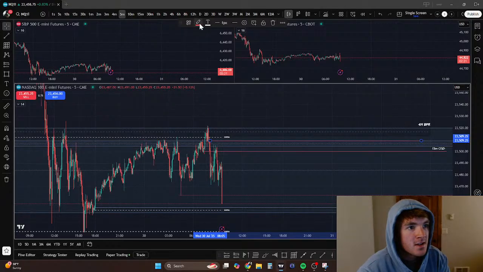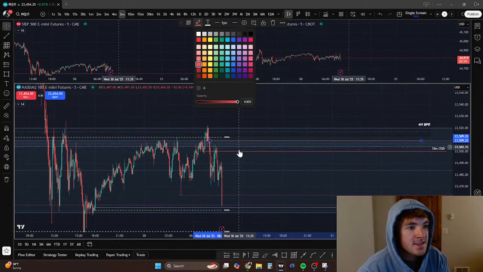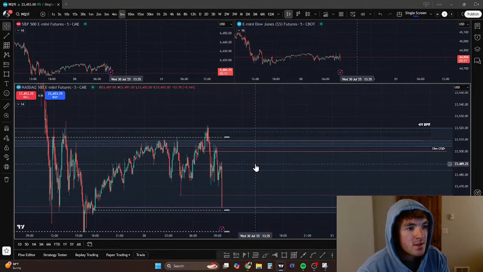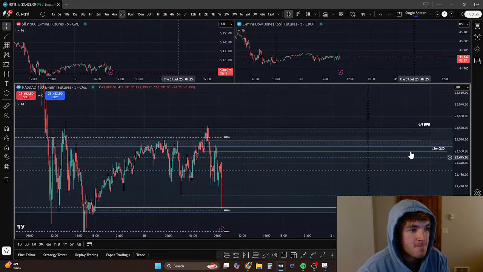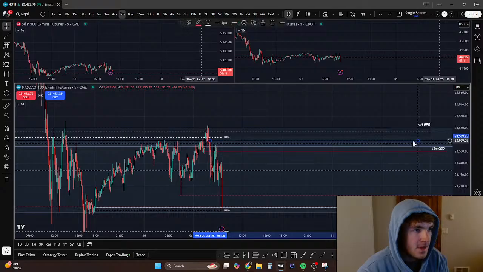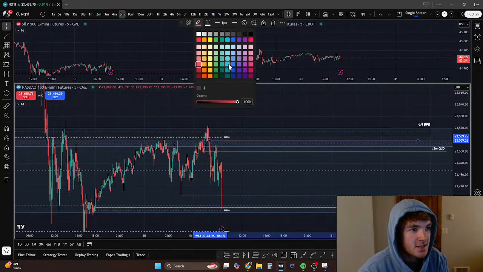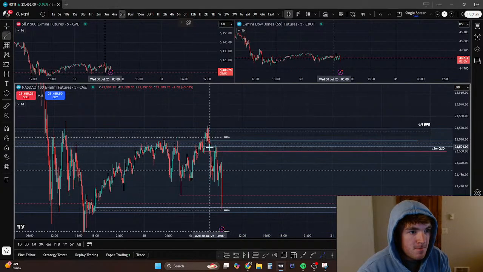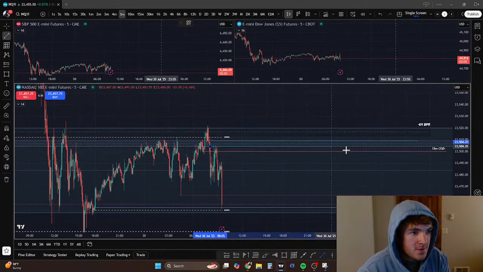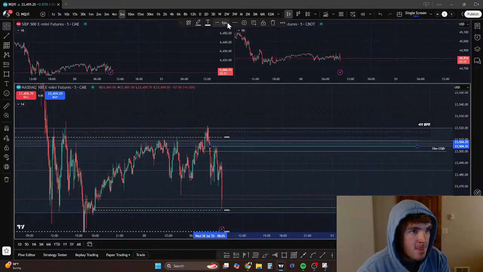Even if the market comes past the change state delivery, the new day opening gap should protect us. So I kind of want to take the change state delivery if we retest it, because once again, it's right above midnight.